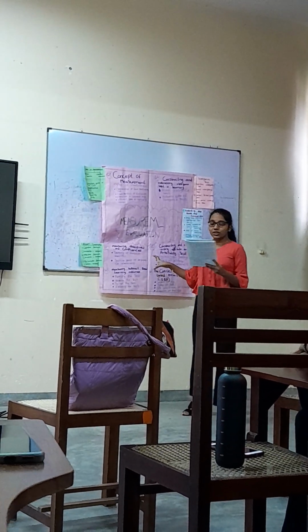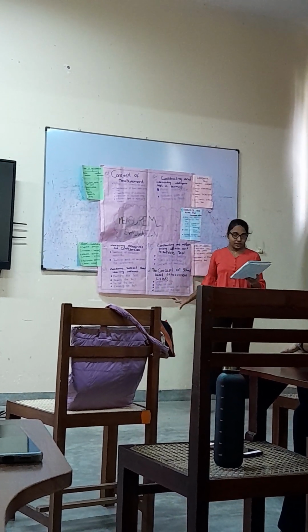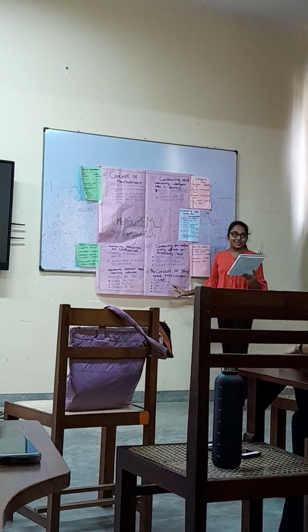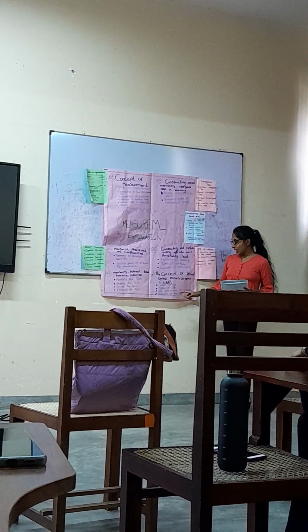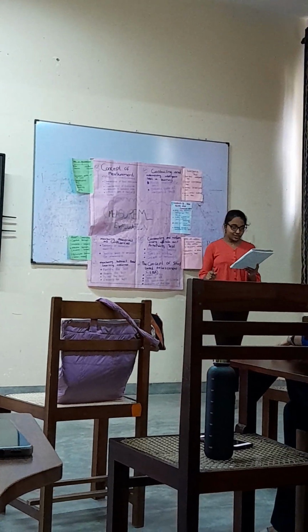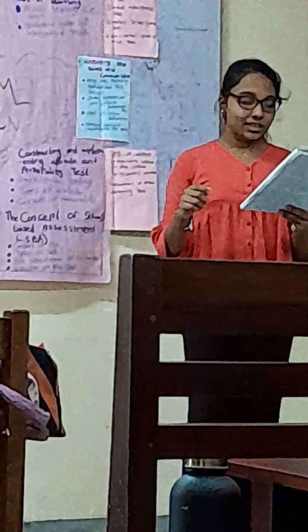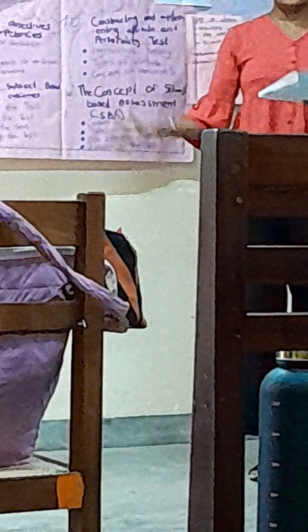So in there, formative assessment is used to monitor students' learning during instruction, to provide feedback and adjust learning strategies. And on the other hand, summative assessment is used to evaluate students' learning at the end of a unit or course, which means at the end of this semester we are going to evaluate, that is the summative assessment.